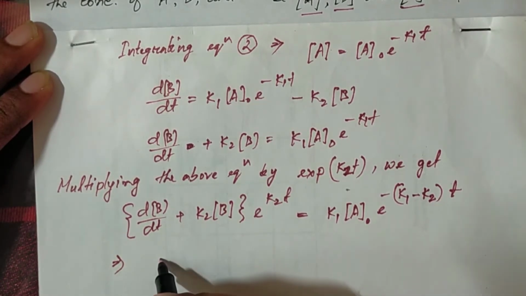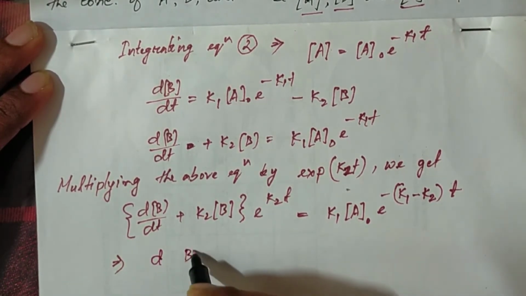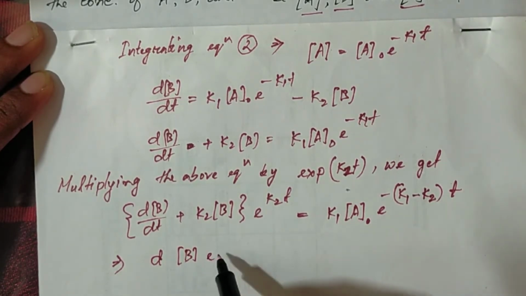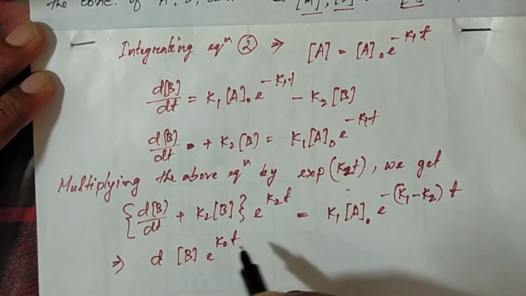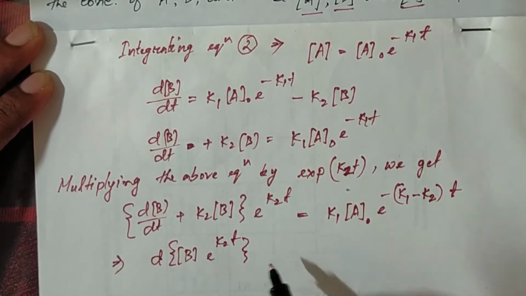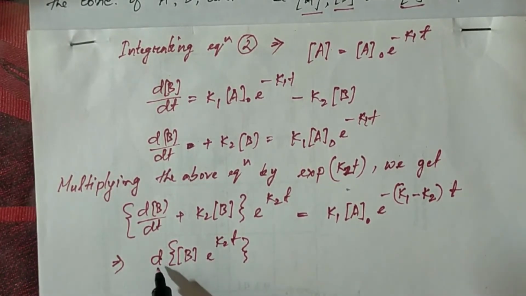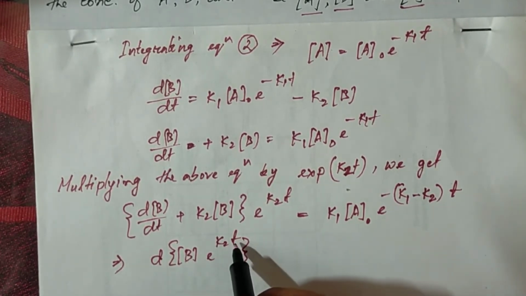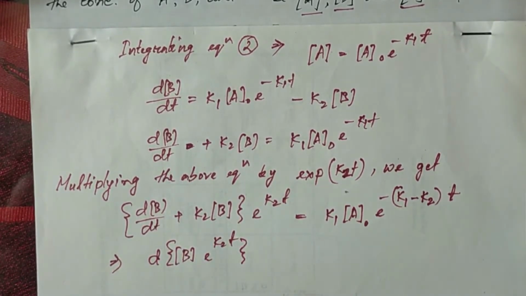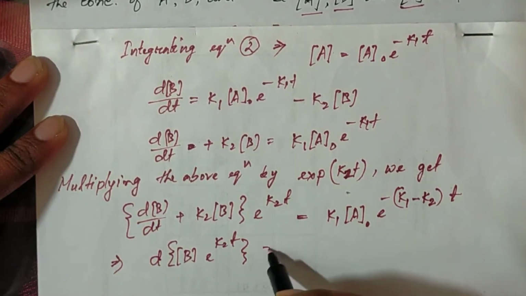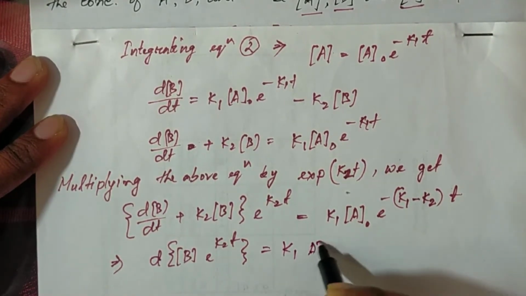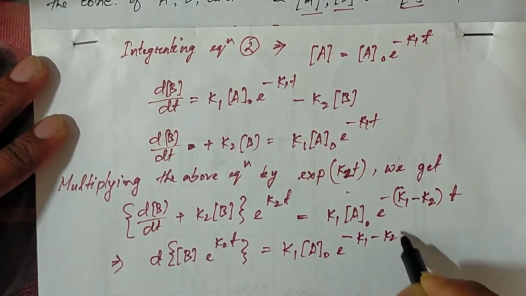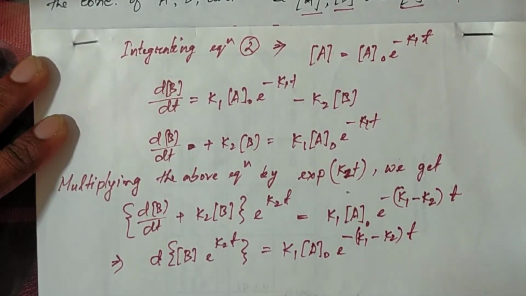So we can write d(B e to the power k2 t). Okay, if you differentiate B e to the power k2 t, you will get this one. And here k1 A naught e to the power (k2 minus k1) t.